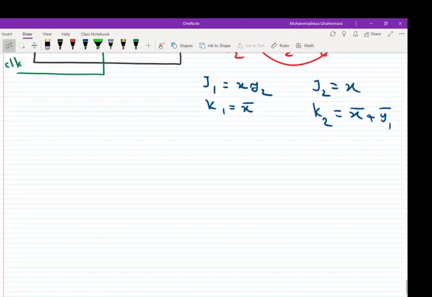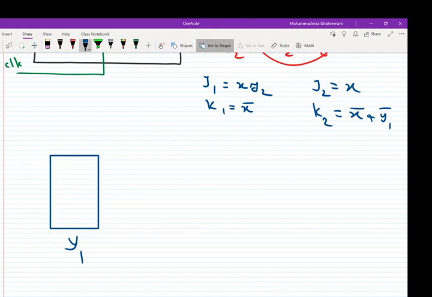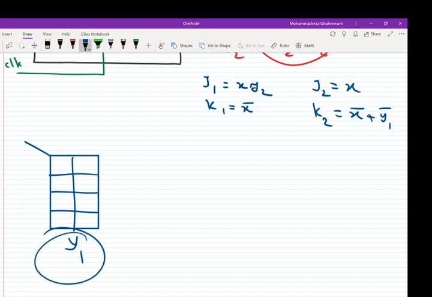First, we are going to find the next state y1, which is related to flip-flop number 1. So we draw a table. Okay, how many states do we have? Of course, we have 4 different states. Also, we are just trying to find the next state of y1, but still 2 flip-flops are involved in the circuit.